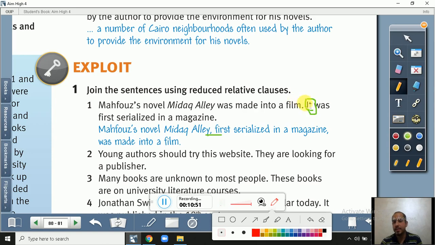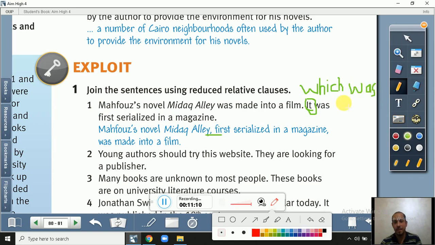Then we replaced it by which, because you are talking about Mahfouz's novel. Which or that, both are correct. Which was. Now we have which was.